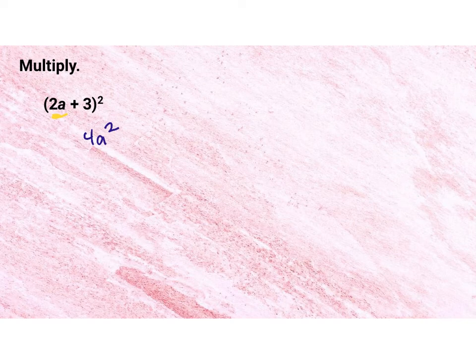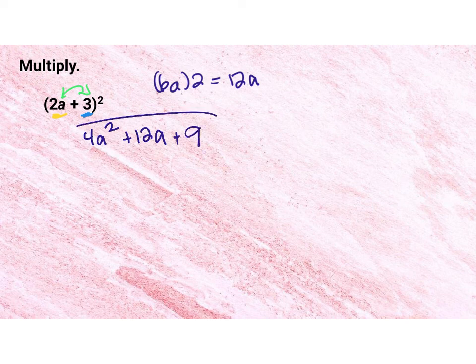Then what you're going to do, multiply these two terms together, and that's going to give you 6a. And then if you recall, you're going to double that, times it by 2, so then you're going to get 12a. And so that's going to be your middle term. And then for your last step, you're going to square your last term, and you will get your answer of 4a squared plus 12a plus 9.